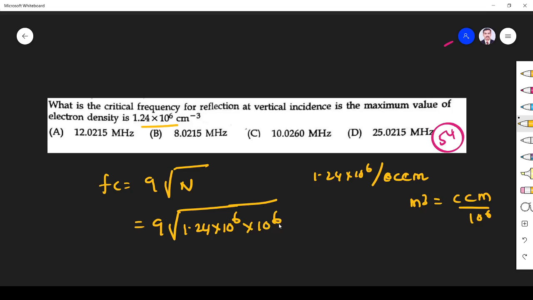If you simplify, you will get 10.02 megahertz. The only thing you must remember about a problem like this is that centimeter cube means per cubic centimeter. So the answer is option C.